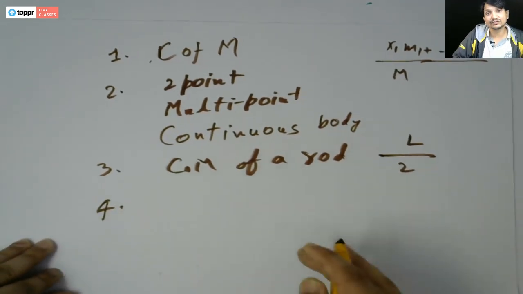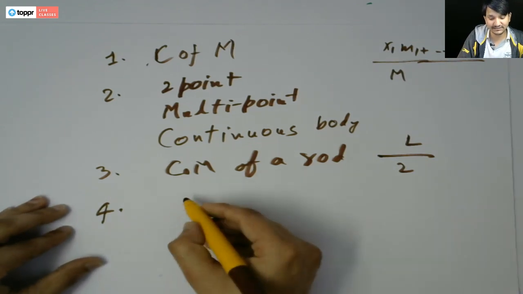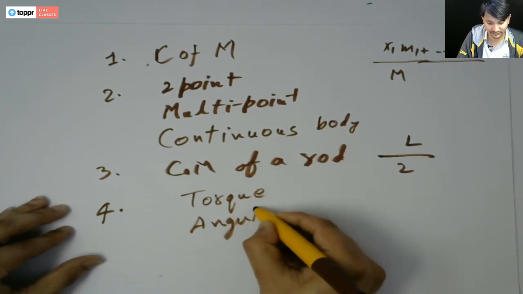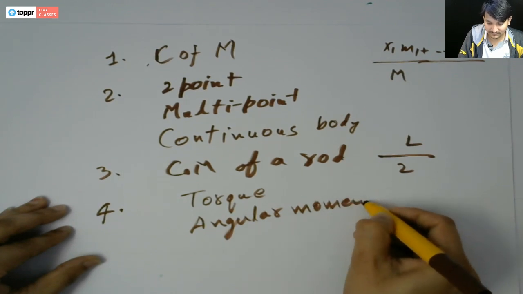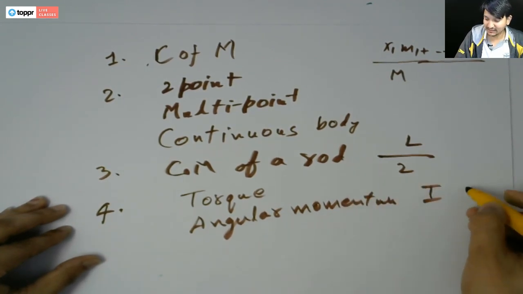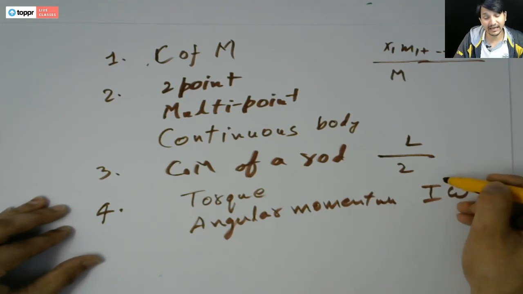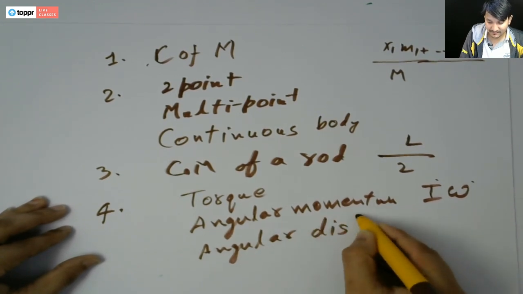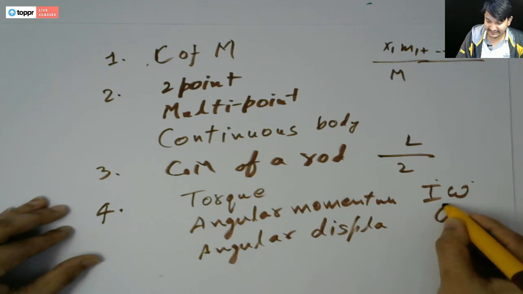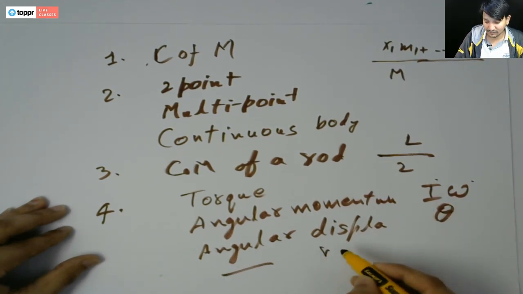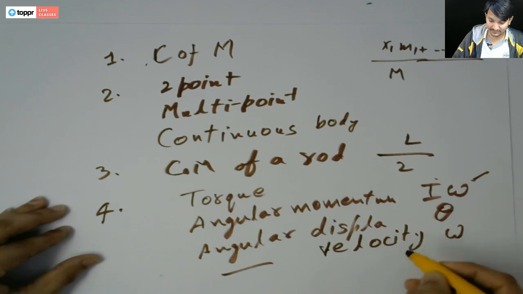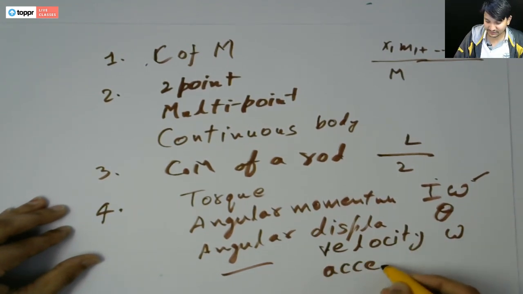And then we came to know about some basic concepts of rotational mechanics, first being torque, angular momentum, which is I omega, I being the moment of inertia, omega angular velocity, angular displacement, that is theta, angular velocity, we just said omega, and angular acceleration.